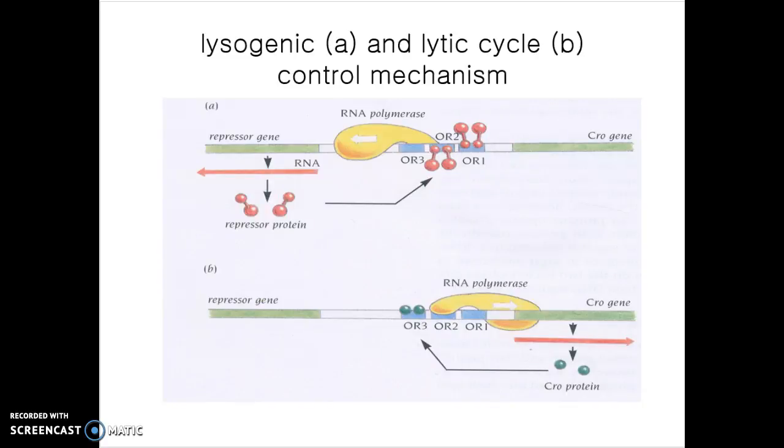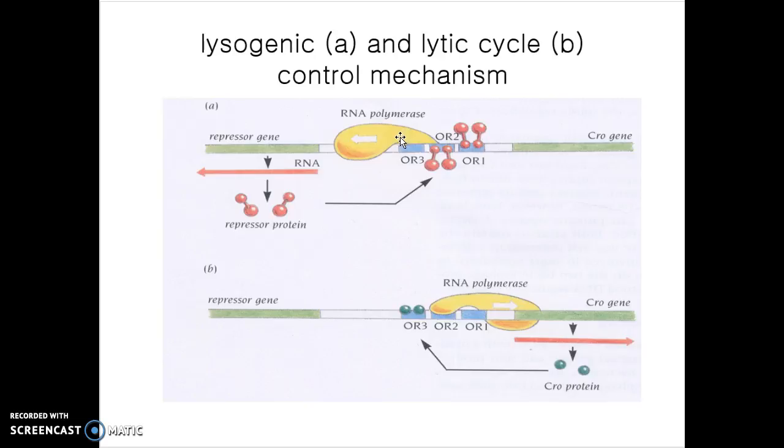This slide explains the situation in lysogenic bacteria. In A, repressors and RNA polymerase bind to the switch region in the lysogenic strain of E. coli.